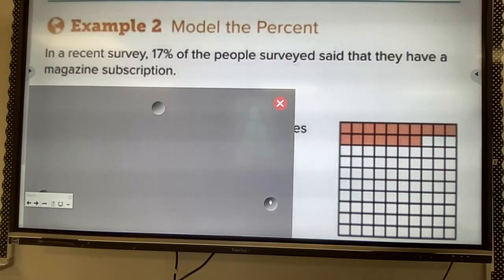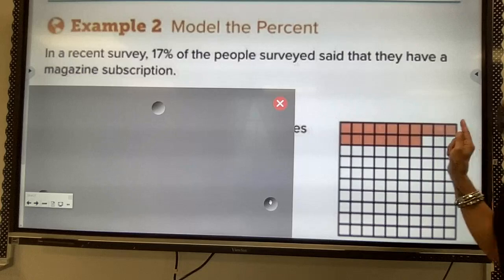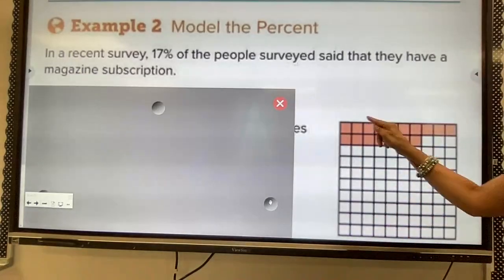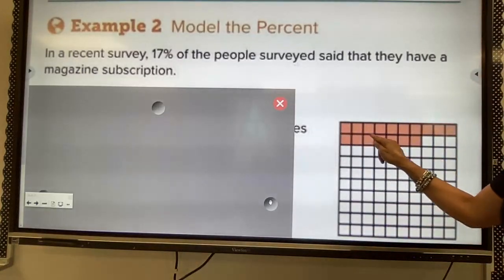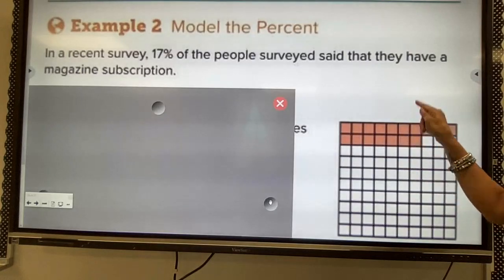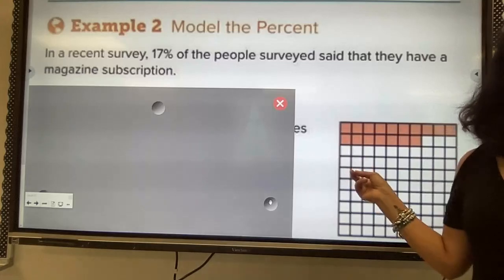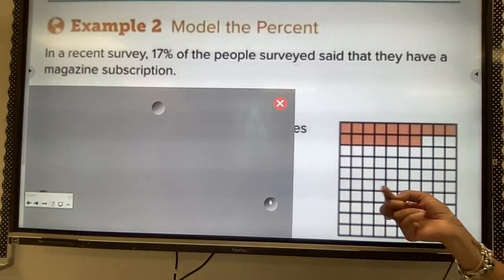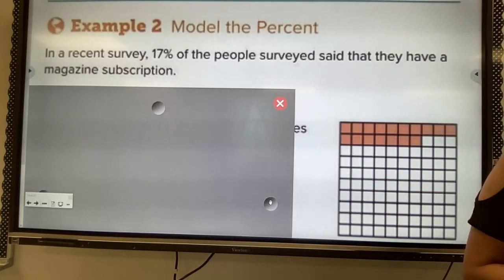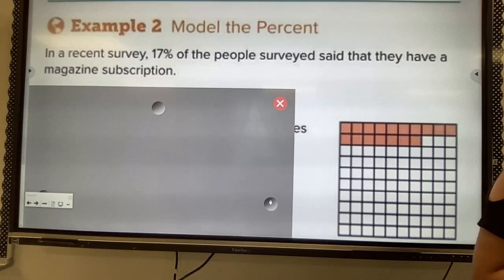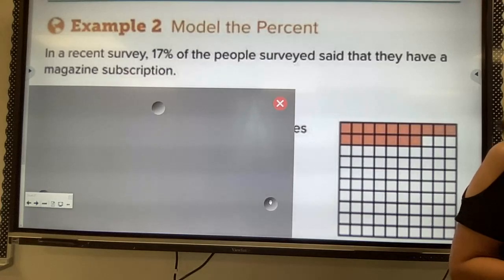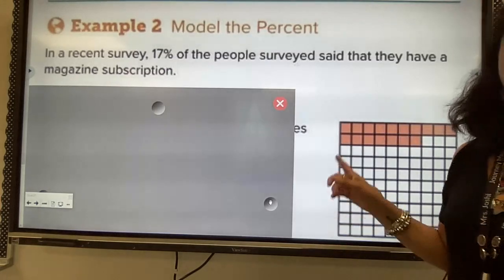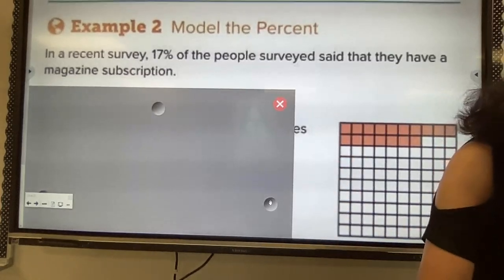One entire row over here is 10. And so this is 10, 11, 12, 13, 14, 15, 16, 17. So there's my representation of 17%. That means in this 100 squares, we are doing 17 per 100, and all we're doing is shading in 17 of the squares.